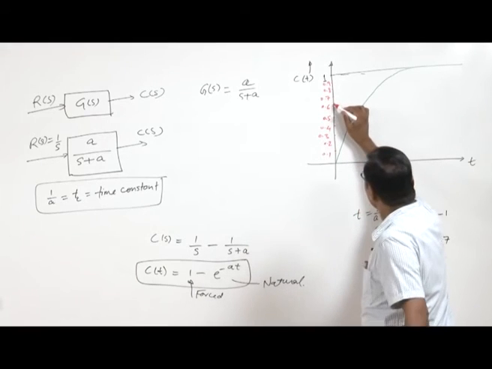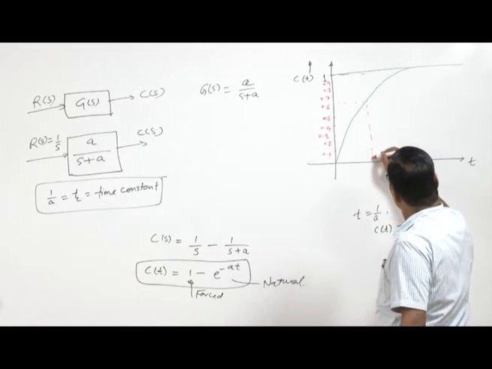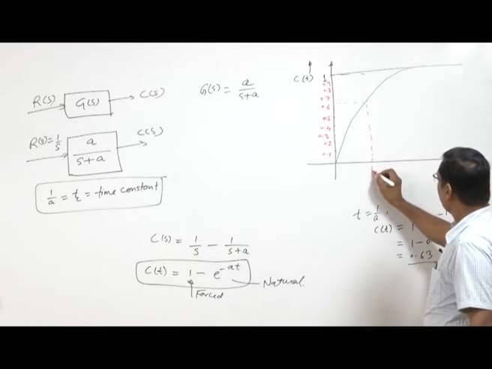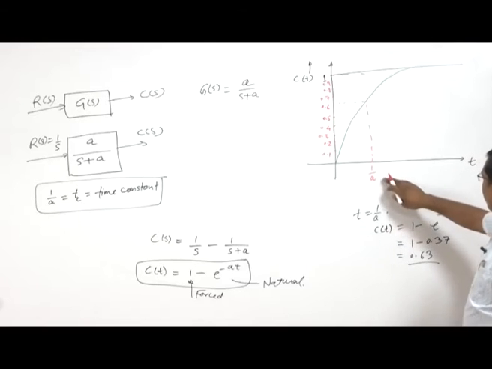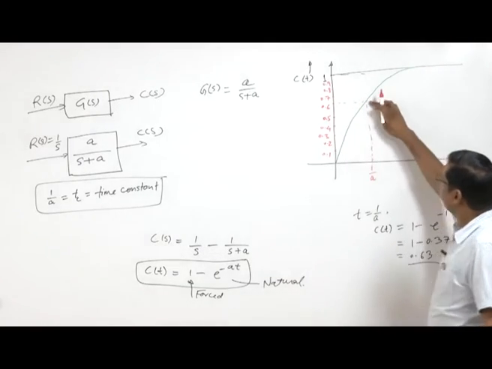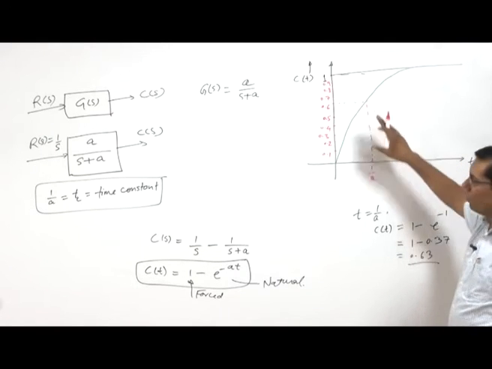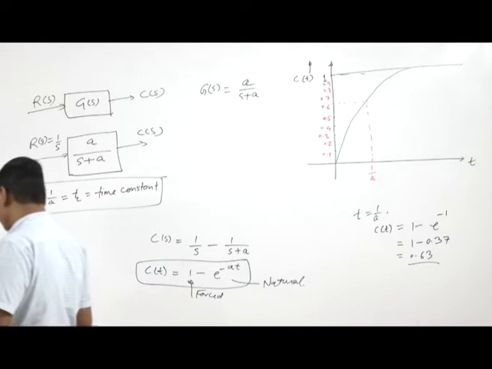So 0.63 will come somewhere here, and this is 1 by a, because at t equal to 1 by a we are getting 0.63, and this we define as the time constant.